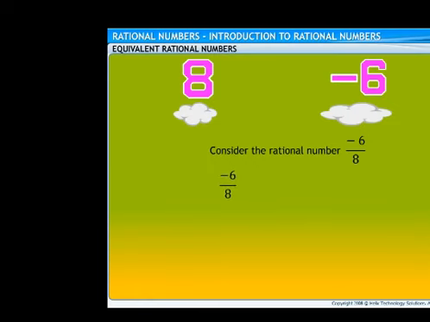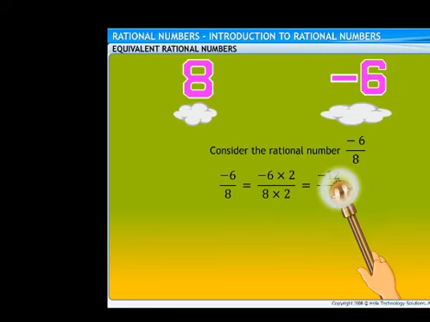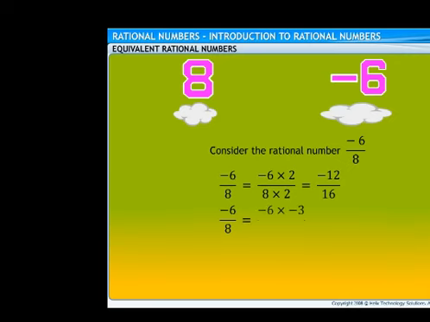If we multiply both the numerator and the denominator of this rational number by a positive integer 2, we get another rational number, -12 divided by 16. Next, we multiply the numerator and the denominator of the first rational number, -6 divided by 8, by a negative integer, -3. We get another rational number, 18 divided by -24. All three rational numbers are equal.